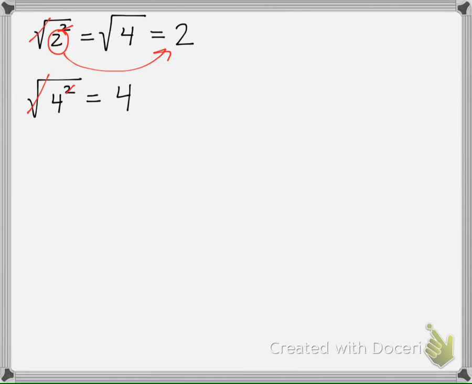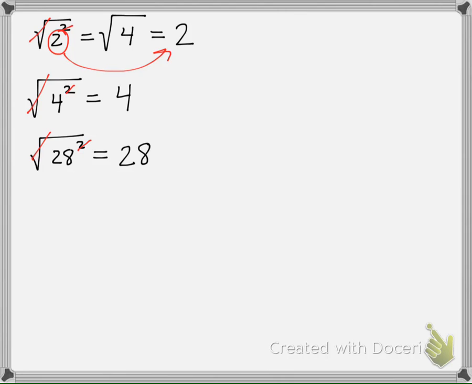Okay? So you try this one. What is the square root of 28 squared? Hopefully that's right. So here, the square and the square root cancel, and you get 28.